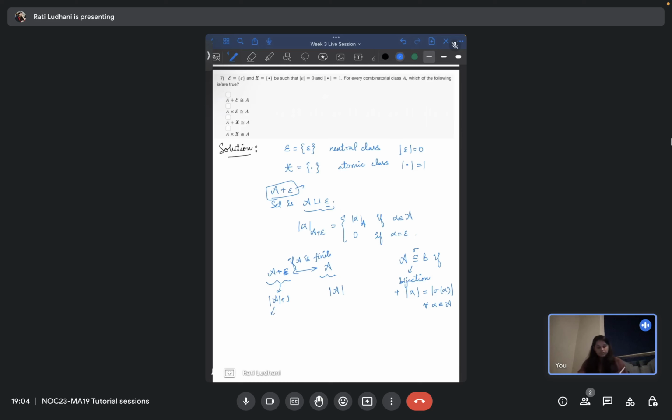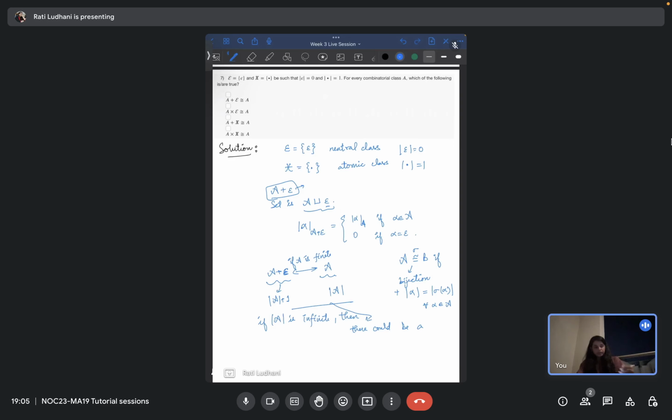Now if A is infinite, then there is a possibility that you can define a bijection.